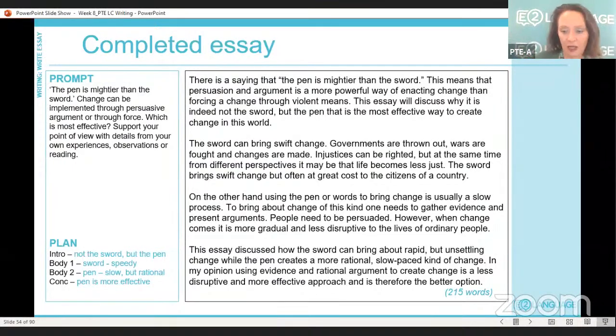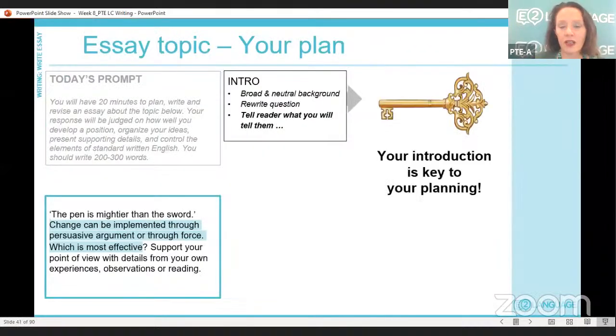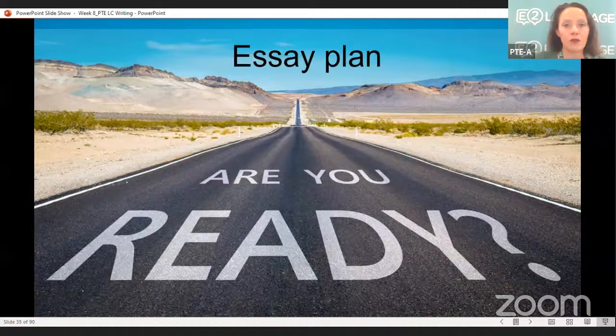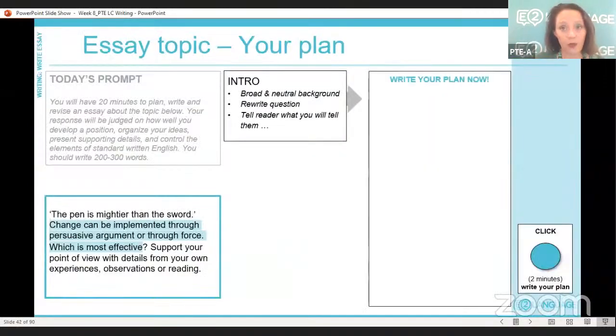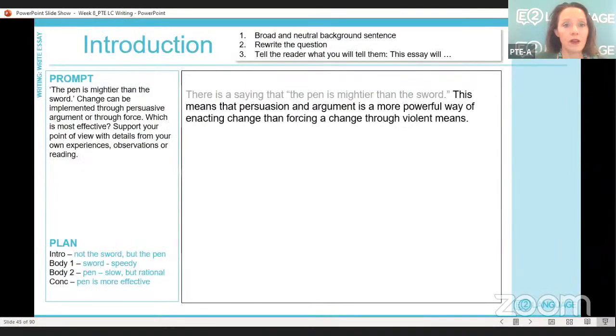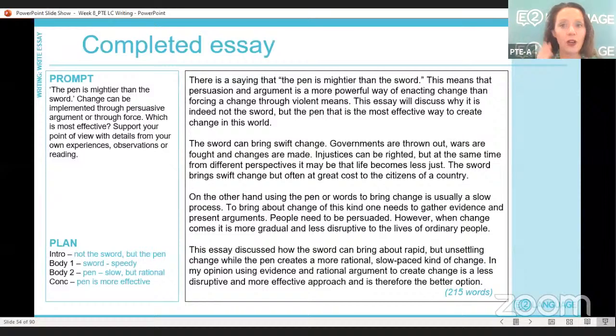Or you can go to your student dashboard, look up PTE course material, go to the writing essay, and you'll see that the same structure is there. So is that what you mean?